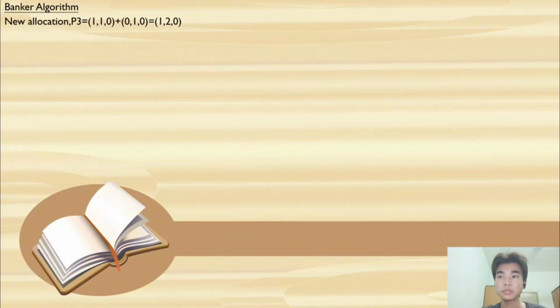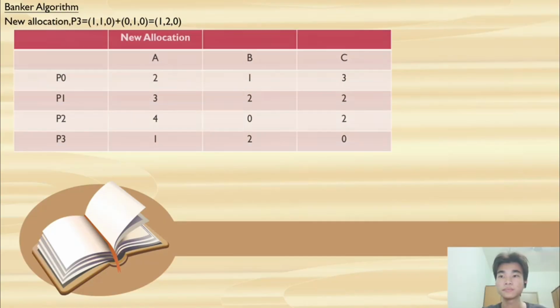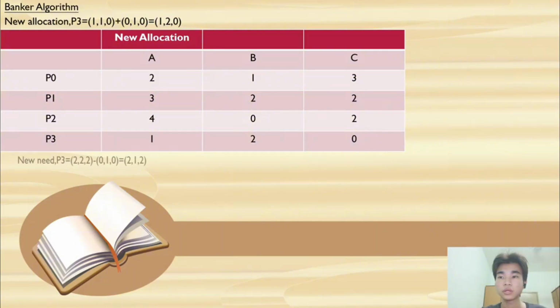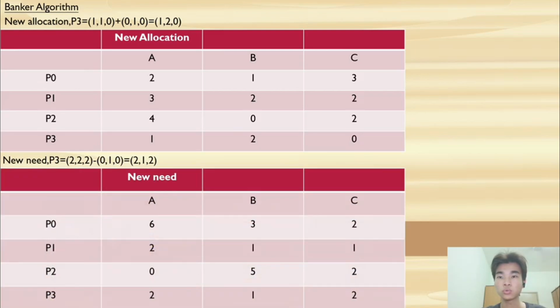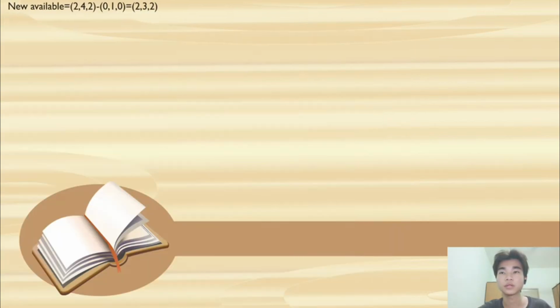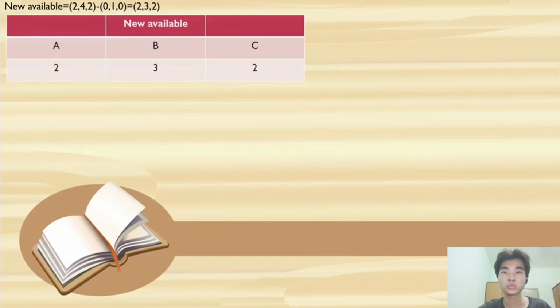In the banker's algorithm, the new allocation of P3 is 110 plus 010 equal 120. The new need of P3 is 222 minus 010 equal 212. The new available is 242 minus 010 equal 232.